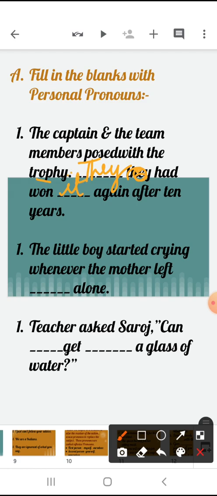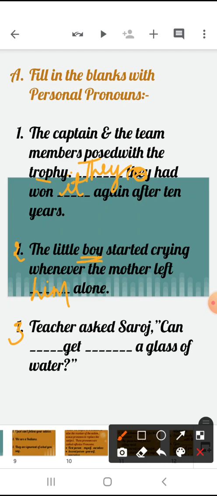It. The captain and team members posed with the trophy. They had won it again after 10 years. Okay. Next, the little boy started crying whenever the mother left him.